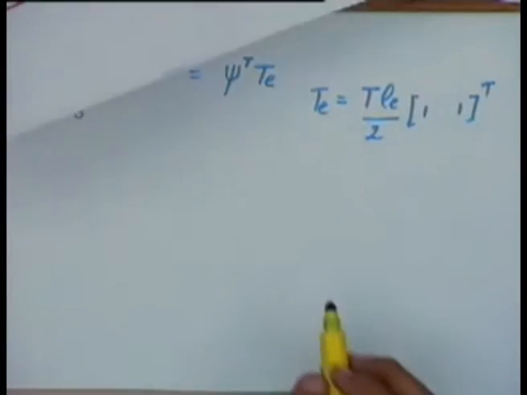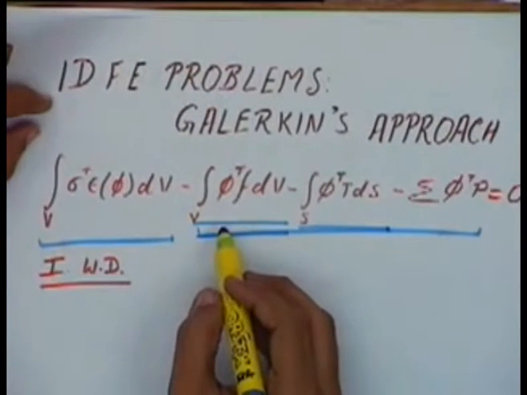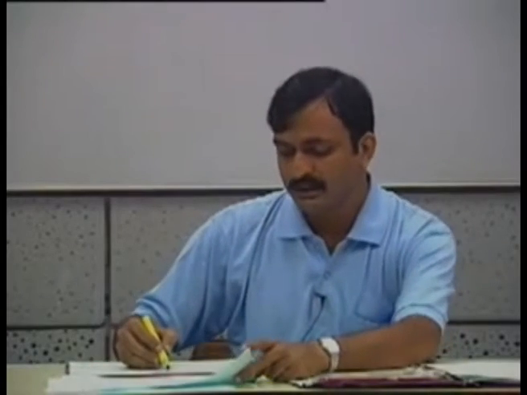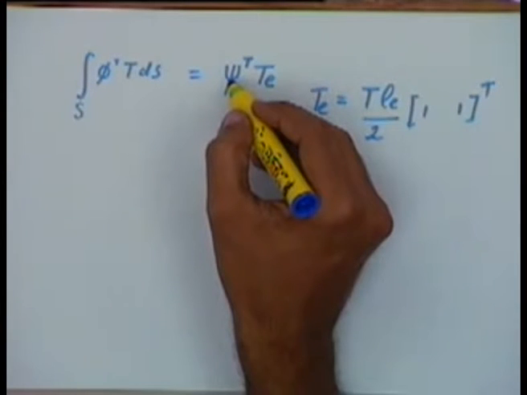Okay, and if you notice, the terms that we are getting are quite similar to the terms that we had in the Rayleigh-Ritz method, except that there instead of psi we were having q. That is the only difference.